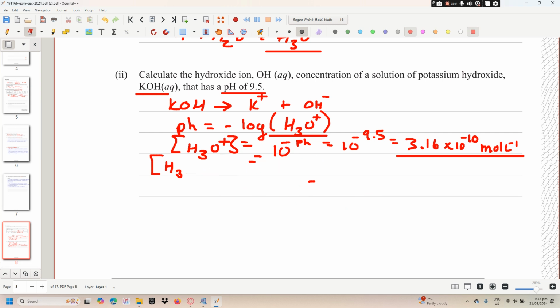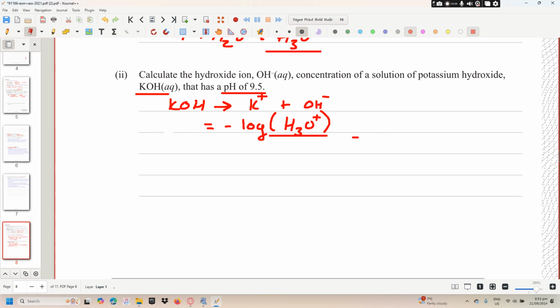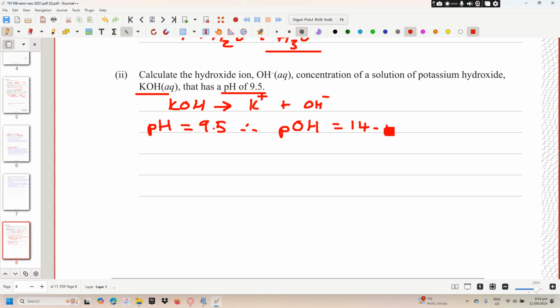So I'm going to get rid of all this. That requires a lot of memory. What you can do is say pH is the power of hydrogen. The power of hydroxide is equal to 14 minus the pH. In other words, pOH plus pH equals 14.